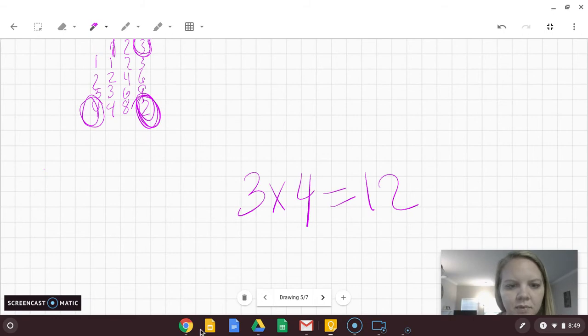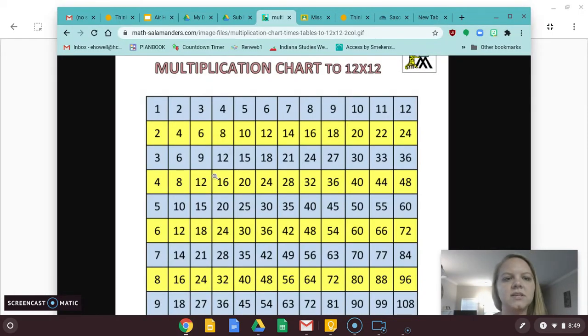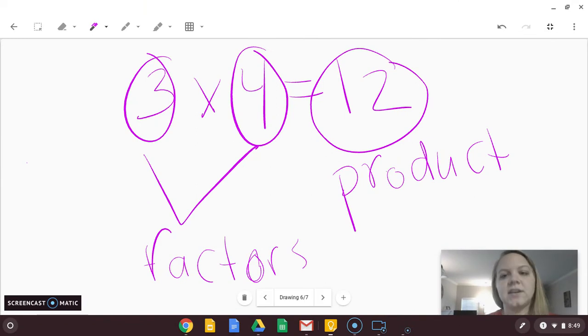Now, the vocabulary of what these are. 3 and 4, those are the 2 numbers we multiplied to get the answer. Those are called factors. The answer to a multiplication problem is called a product. Like in addition, when we have 2 addends, or 3, or 4, and a sum, right?